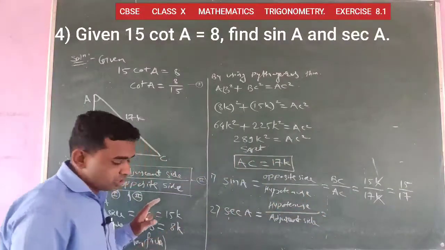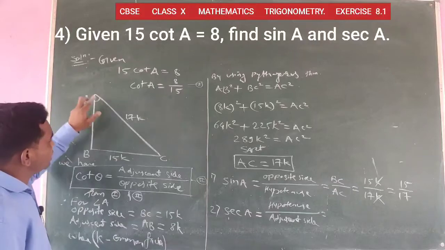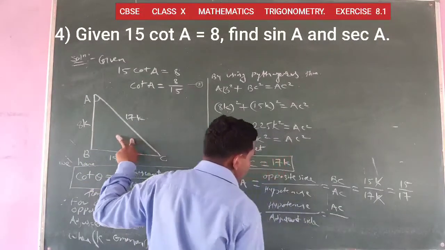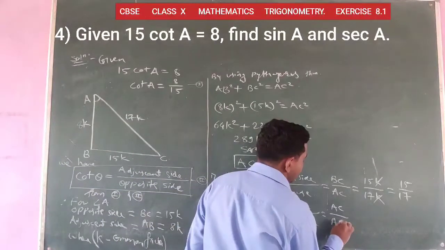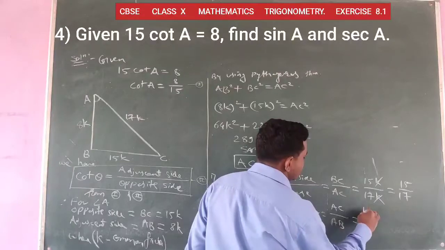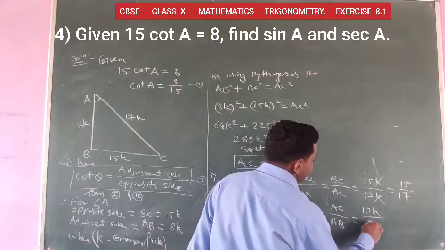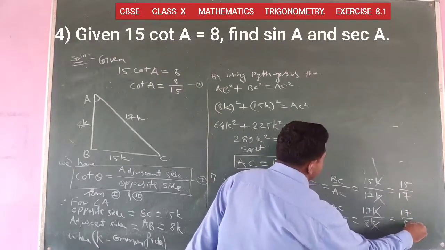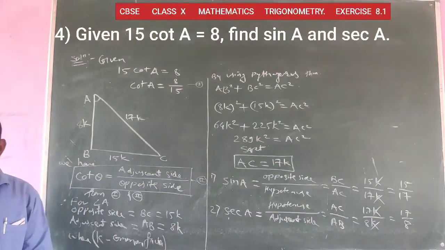For the angle A, hypotenuse is AC and adjacent side is AB. So AC is 17k upon AB's length, 8k. So k gets cancelled. Your answer is 17 upon 8. So this is the answer for question number 4.